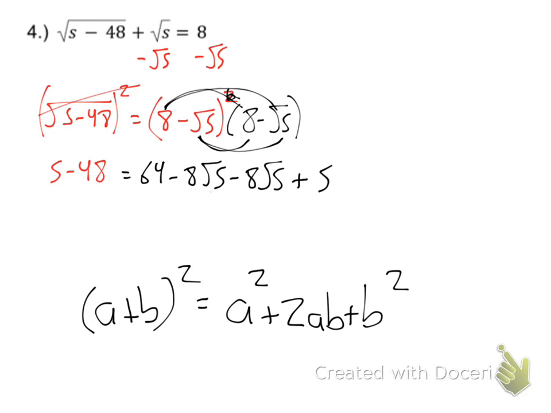It just takes longer to FOIL versus recognizing I have a perfect square binomial and expanding it using that pattern. So, again, I bring it back up. It's not needed, but it's going to make it a lot easier for you if you can remember that formula.